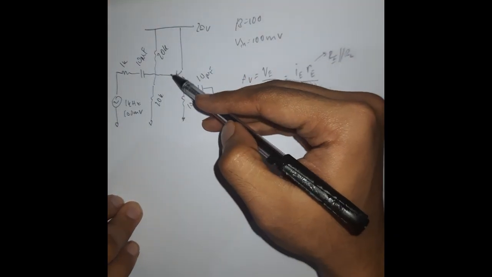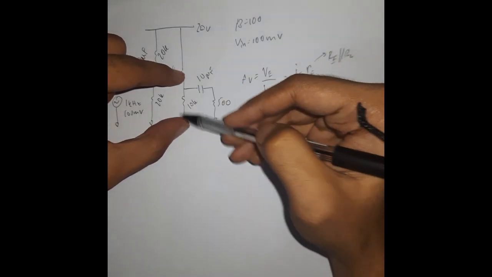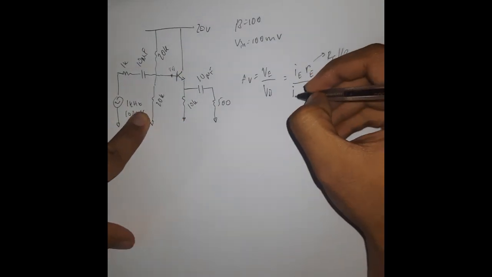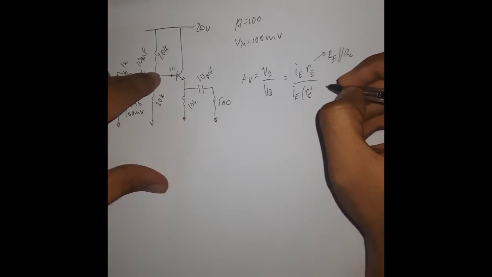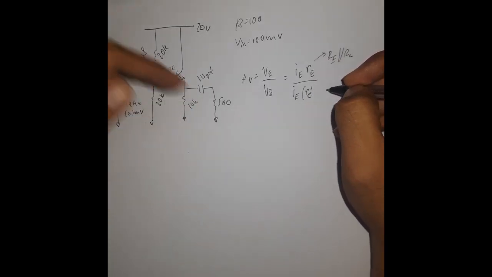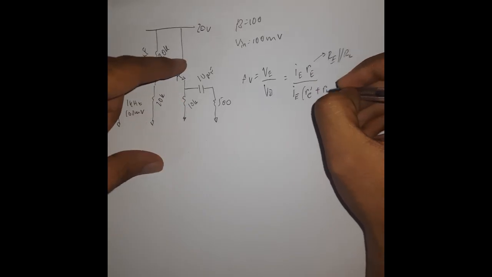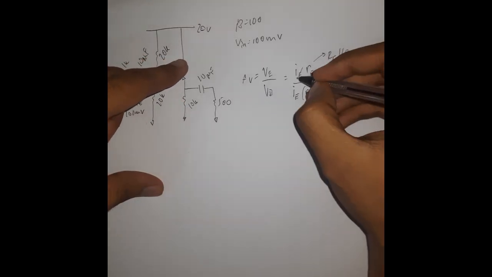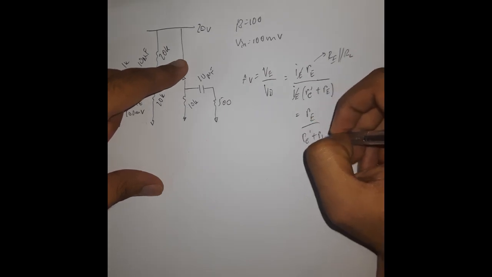this is the base voltage VB. Therefore we can consider this entire region, that is IE, then we have the dynamic resistance, the AC resistance of the base-emitter junction, re', plus the emitter resistance. You can cancel IE out. So we have RE divided by re' plus RE.